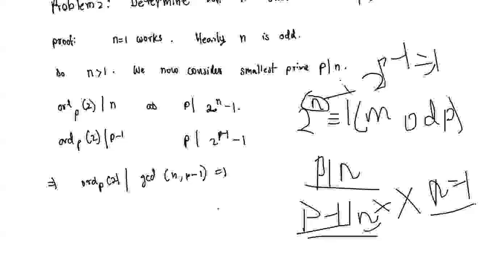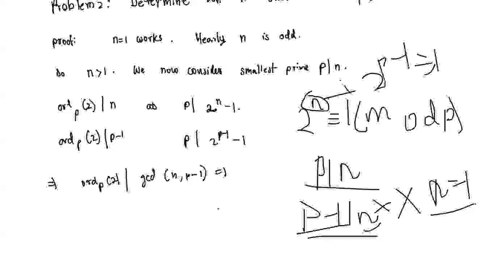Ah, right. Okay, got it. You need to essentially use the idea of orders here. And luckily n and p minus 1 have GCD 1. So this is way stronger.